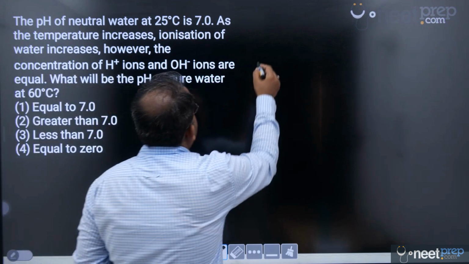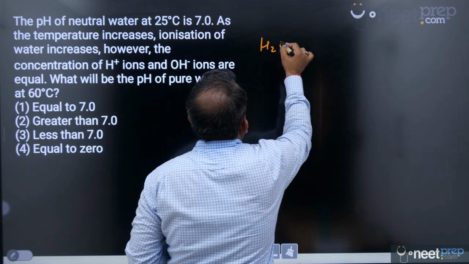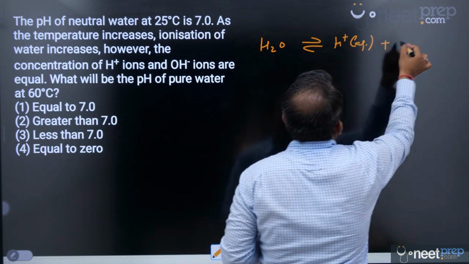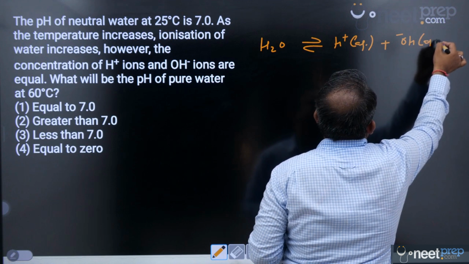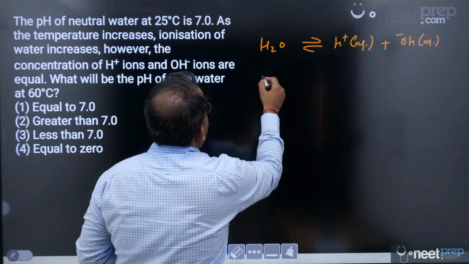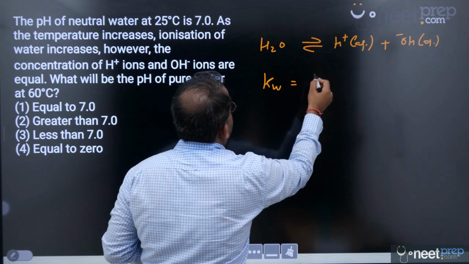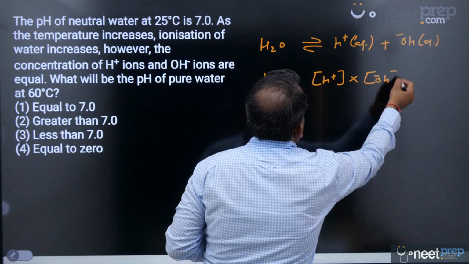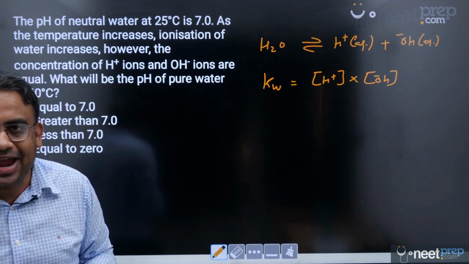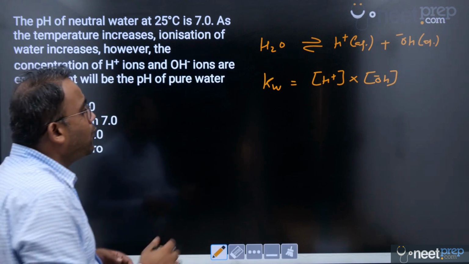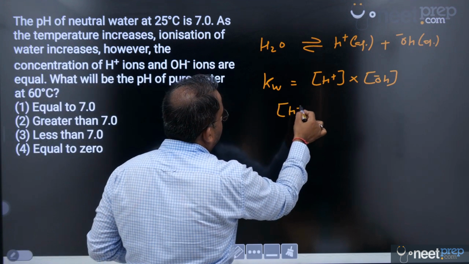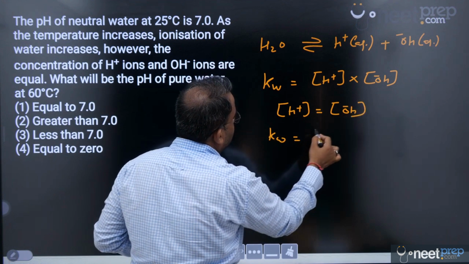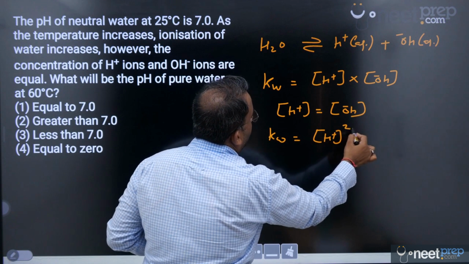Now the self-ionization or dissociation of water takes place in this manner. Self or auto-ionization of water takes place in this manner. Now we have an equilibrium constant Kw here, which is defined as H plus multiplied by OH minus. Since the concentration of H plus ion and OH minus ion in pure water is equal, we will say Kw is either H plus square or OH minus square.